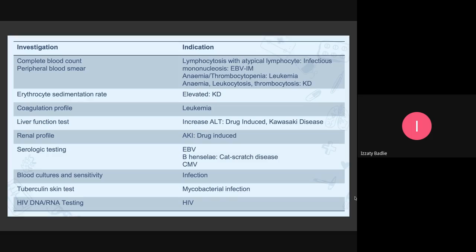For renal profile, it might show AKI for drug-induced. Serologic testing can be done for EBV, Bartonella henselae, CMV, or any other infectious causes such as toxoplasmosis and so on. And blood cultures and sensitivity if we suspect an infection. And tuberculin skin test to rule out any mycobacterial infection. For HIV, DNA and RNA testing.